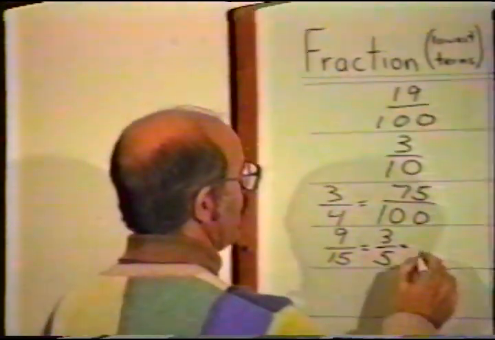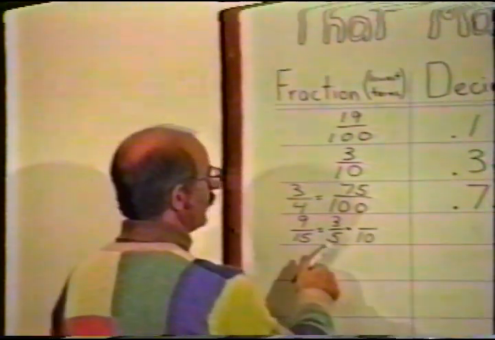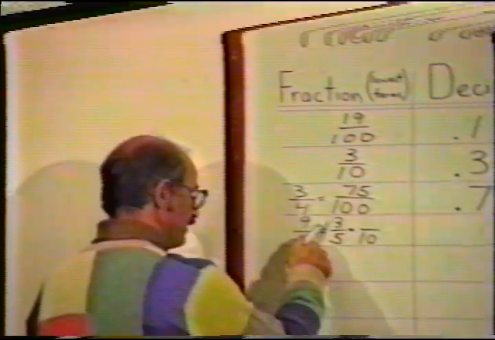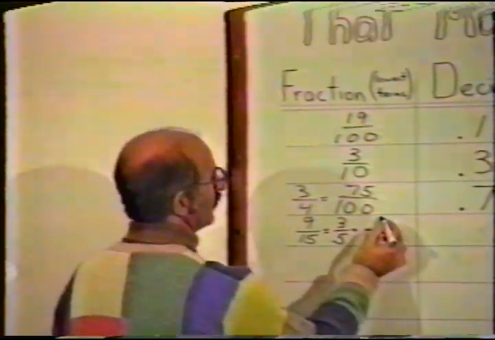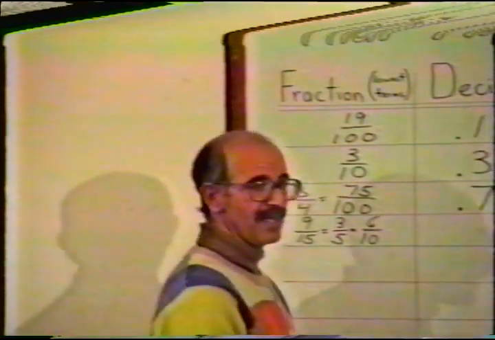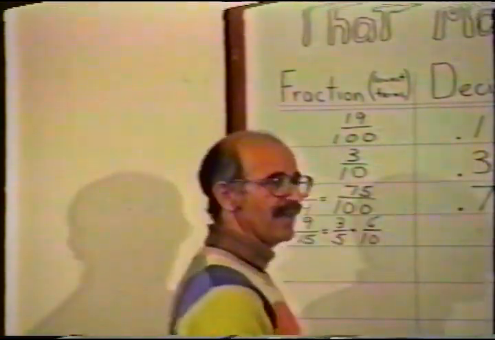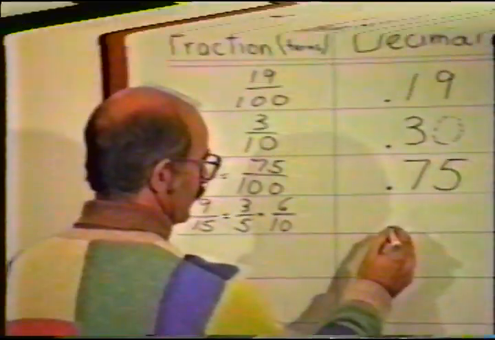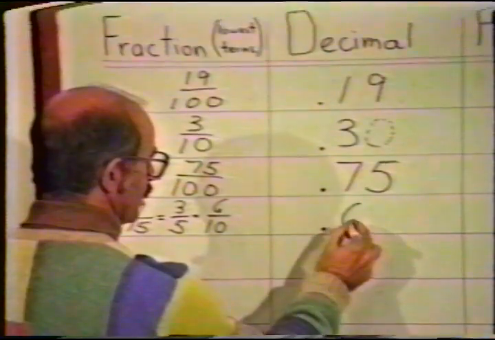Now, can I make the bottom number 10? Yes, I can. 5 goes into 10 how many times? 2. Times 3 is 6. 6/10. How would I spell it out as a decimal? 0.6.